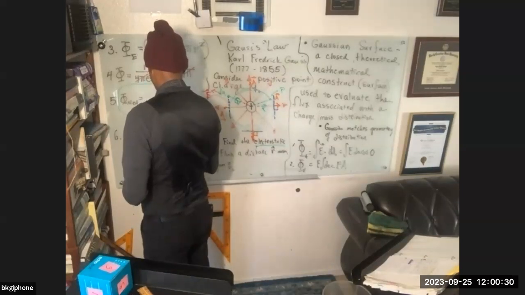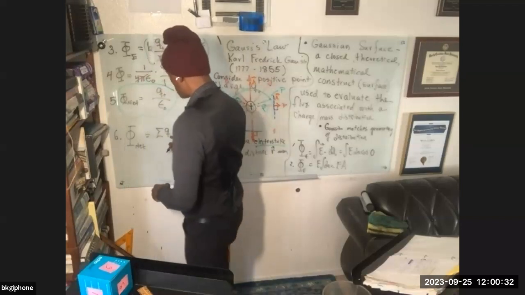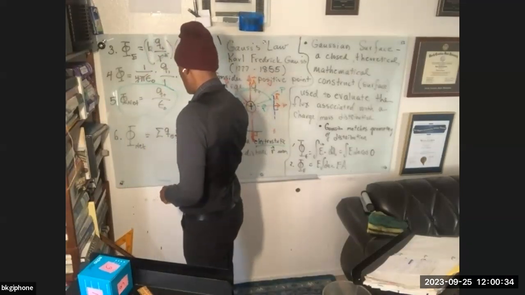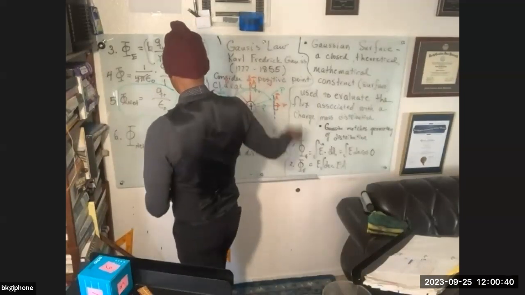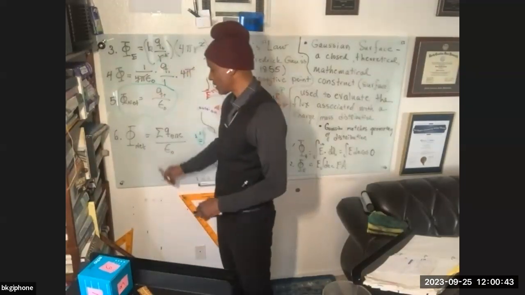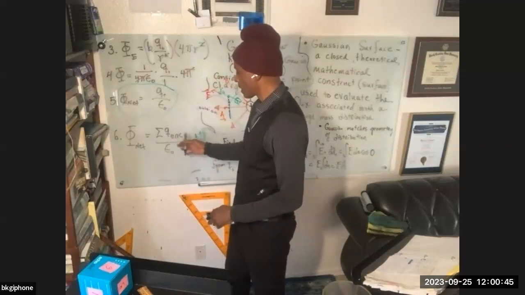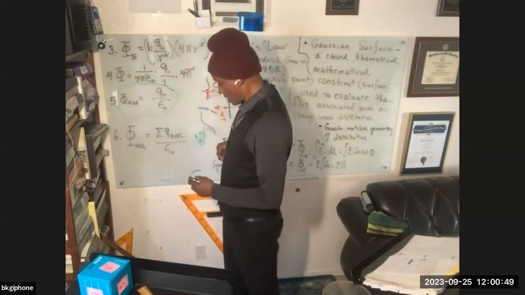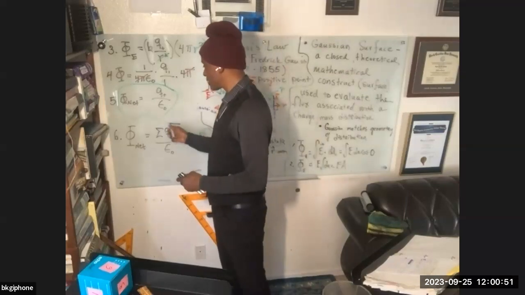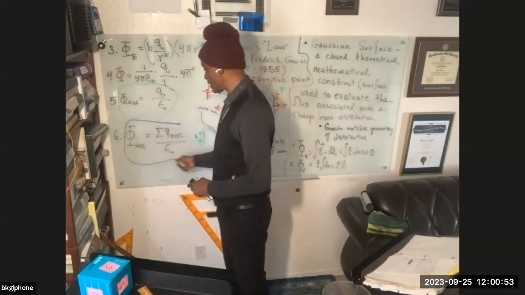So we say net charge enclosed, so ENC means enclosed, divided by the permittivity of free space. And we're assuming all this is in a vacuum. If it's not a vacuum, then epsilon changes. But yeah, that's Gauss's law. So what that is literally saying is that we don't have to do this process anymore.